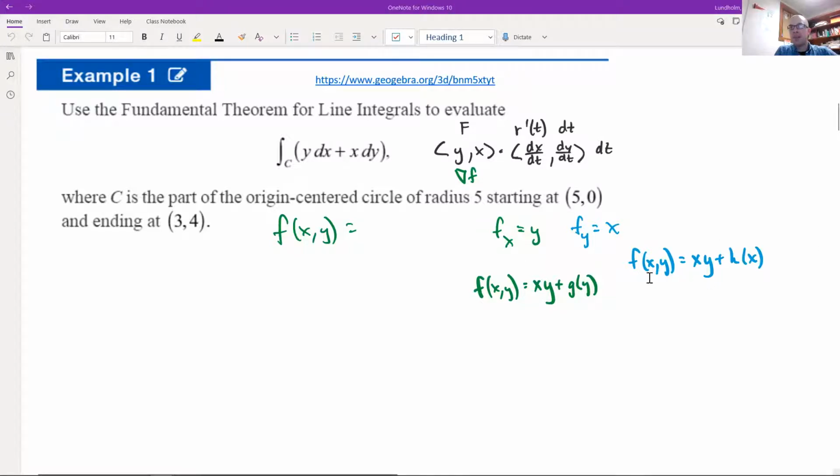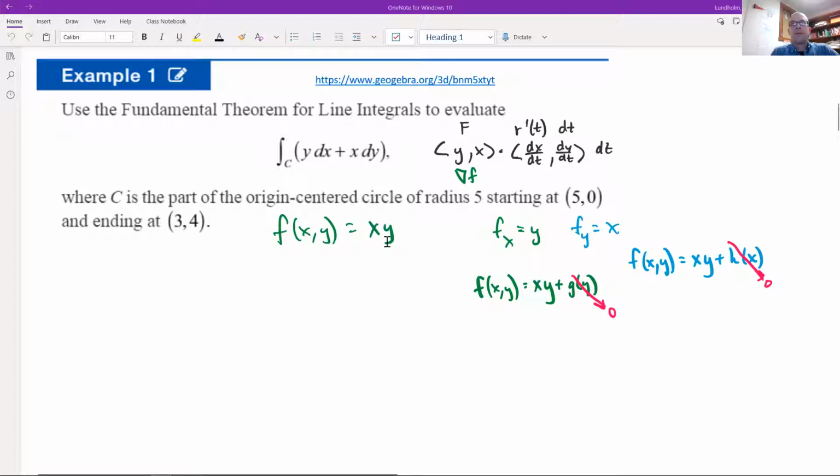But in order to make these two things equal, it's fine to just set g of y equal to 0 and h of x equal to 0, and not fuss about those extra constants. And just say, oh, actually, a potential function that would work is x times y.